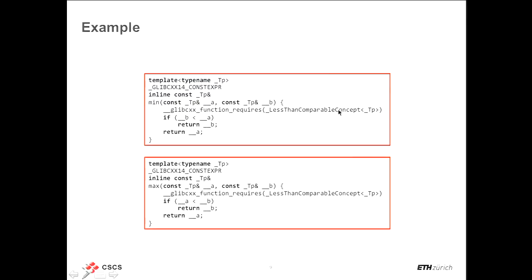This is an internal GCC implementation thing. Then it says if B is less than A, return B, otherwise return A. And max is the other one. It says the same concept, less-than comparable, because instead of doing B less than A, it does A less than B. So max and min have the same set of requirements, right?